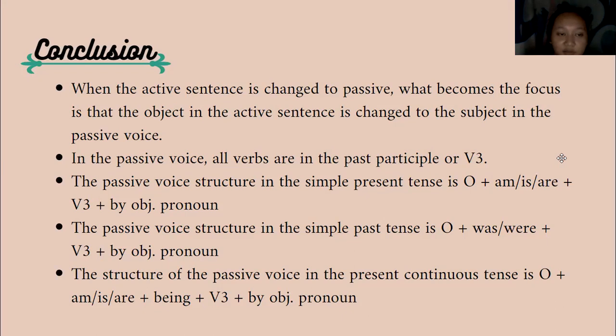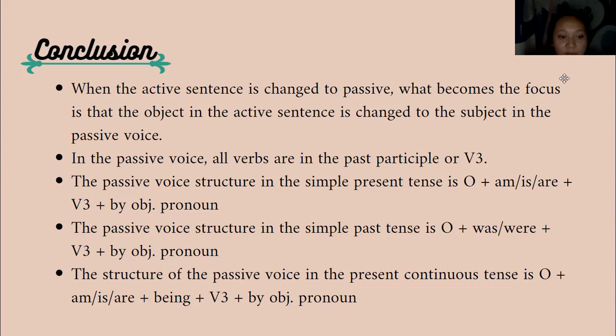Here I give you the conclusion. The first one, when the active sentence is changed to passive, the focus becomes the object in the active sentence, which is changed to the subject in the passive voice. The second, in the passive voice, all verbs are in the past participle or verb 3. Next, the passive voice structure in the simple present tense is object plus to be plus verb 3 plus by object pronoun.